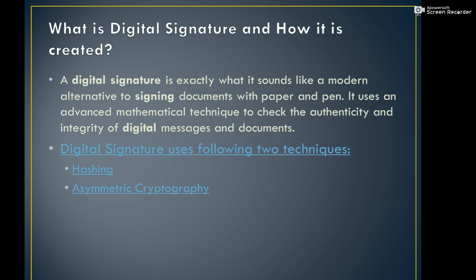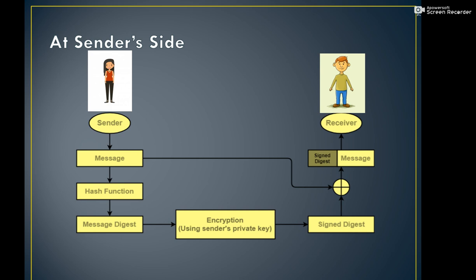So let us see how these techniques are used in the creation of a digital signature. At the sender side, let's say a sender named Alice wants to send a message to Bob. This message is a plain text message, let's say.